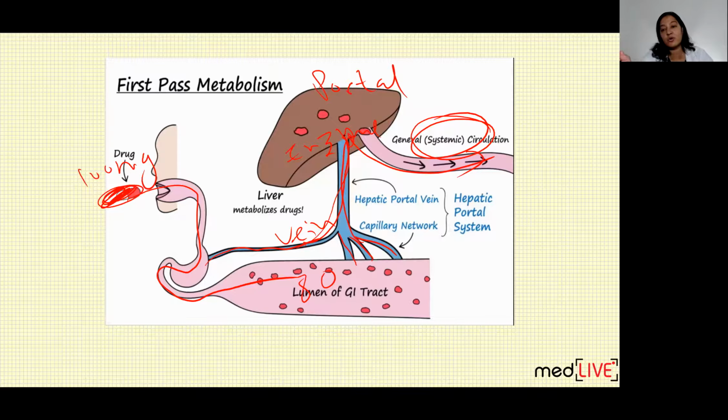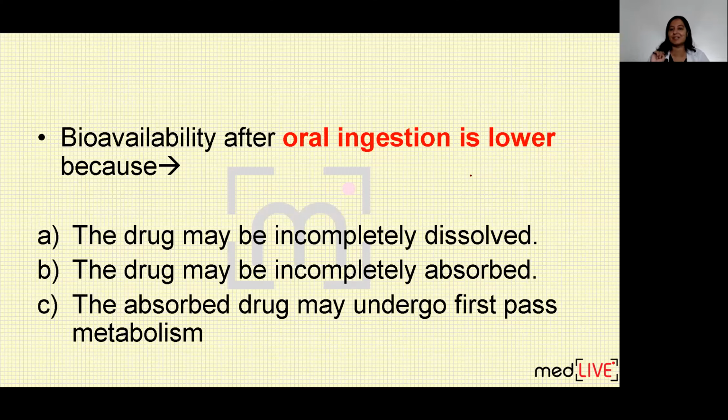The liver destroys another 30% of it through its enzymes. So only 50% of the drug is left in systemic circulation. You have given 100 gram, and in the systemic circulation, it is reaching 50 grams. So bioavailability in this case is 50%. It is always given in percentage. So that is first pass metabolism.